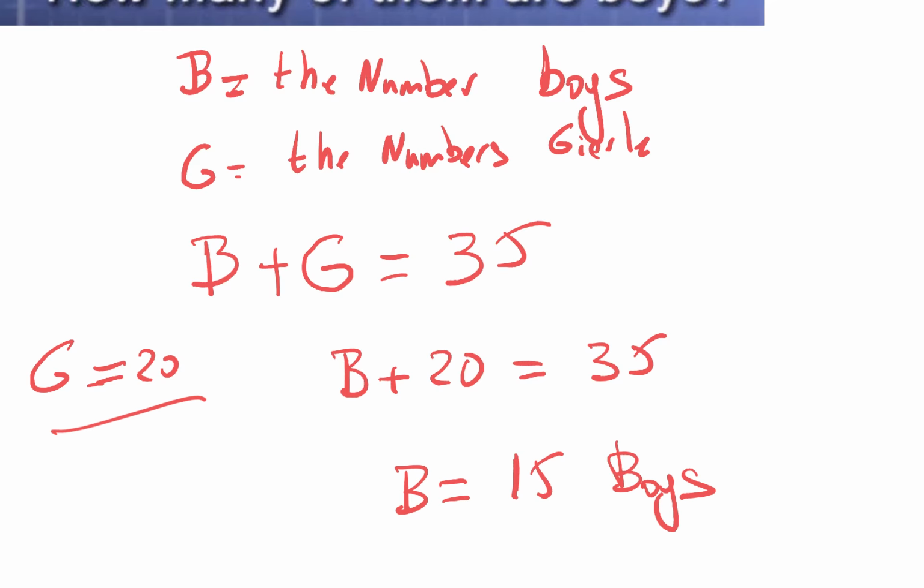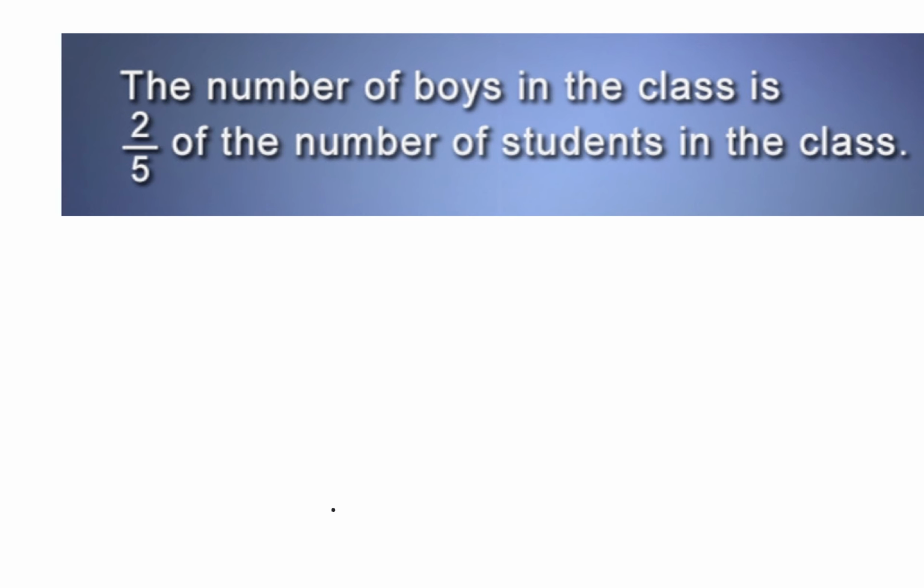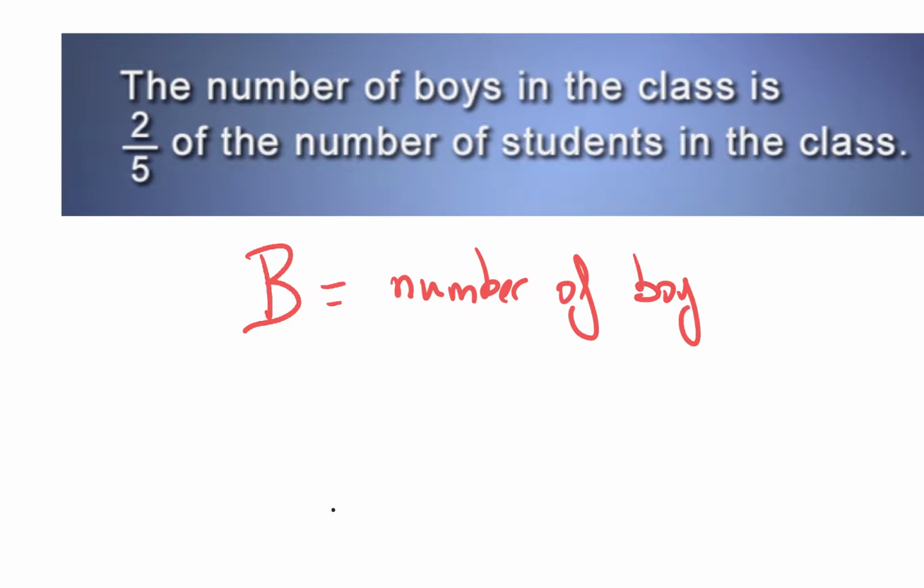Okay, let's practice another one. The number of boys in the class is 2/5 of the number of students in the class. Now B is for boys, the number of boys, and it says the number of students.